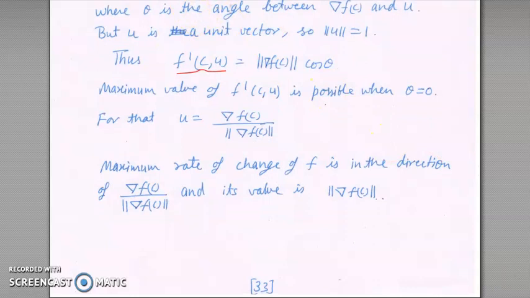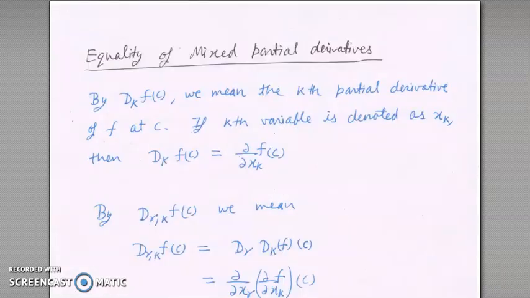Now we are coming to the equality of mixed partial derivatives. So let me first see what a mixed partial derivative is. By Dk f(c) we mean the kth partial derivative of f at c. If the kth variable is denoted as xk, then Dk f(c) is also written as del f(c) upon del xk.